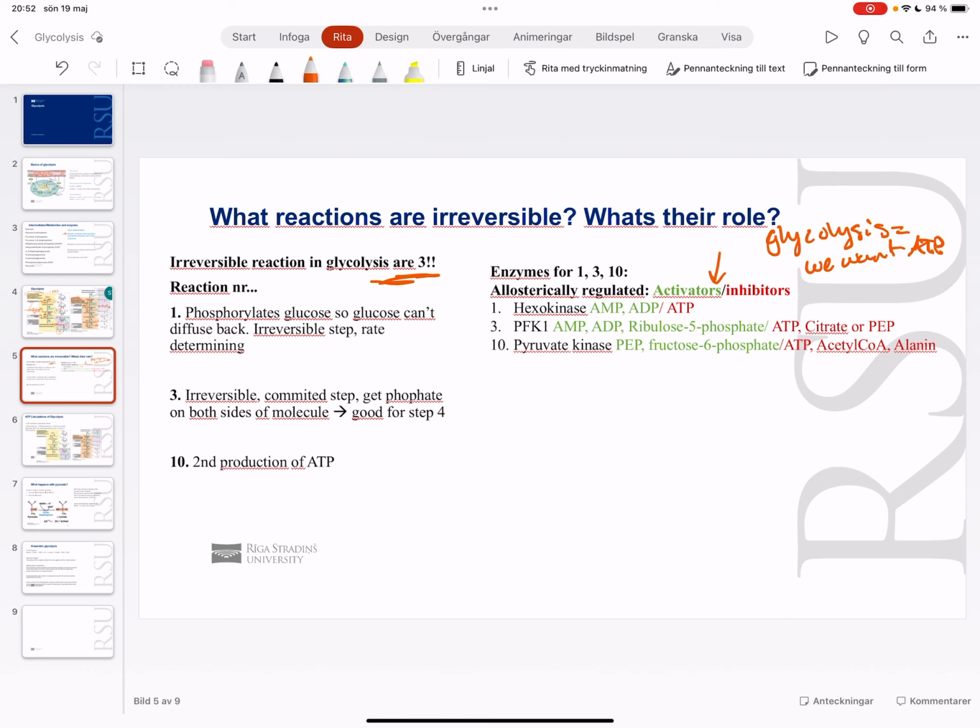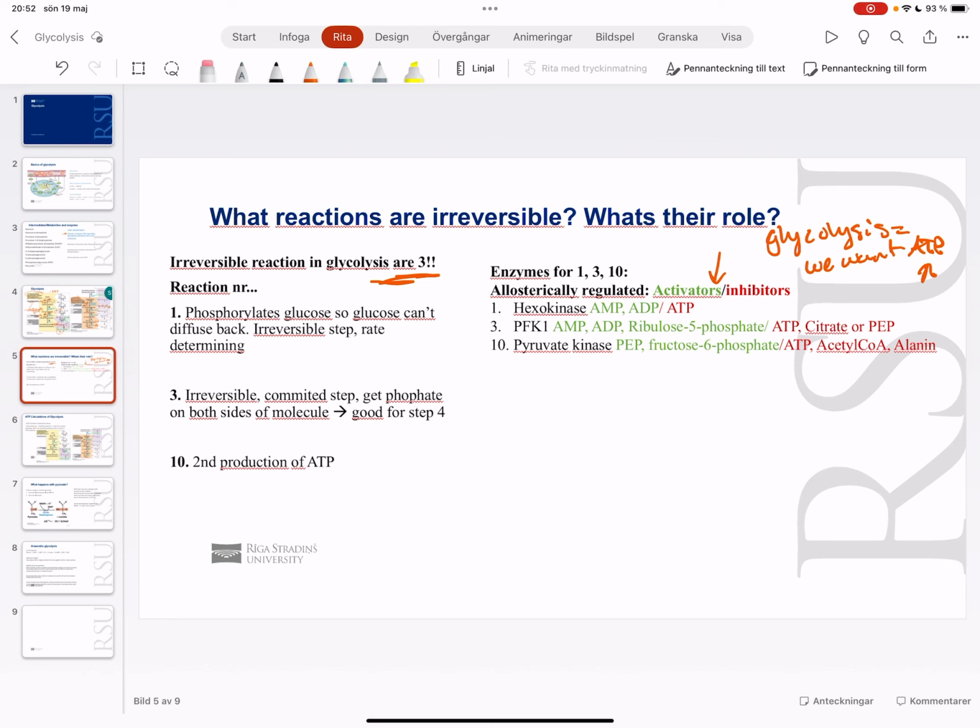But if we already have ATP, then we don't want glycolysis. So a high concentration of ATP will be an inhibitor. So we have hexokinase. If we have ATP, that will be an inhibitor.